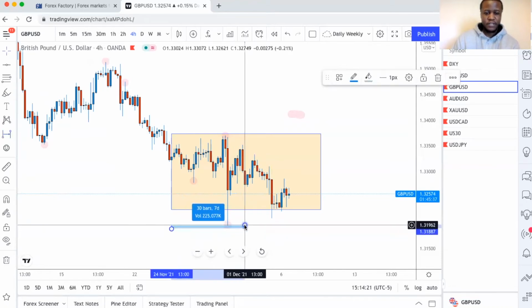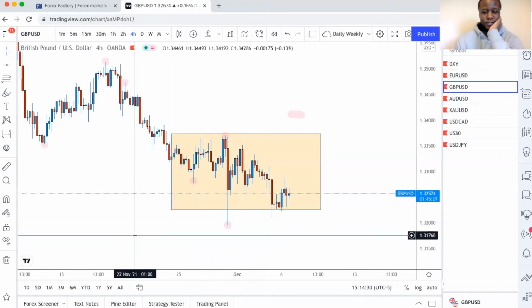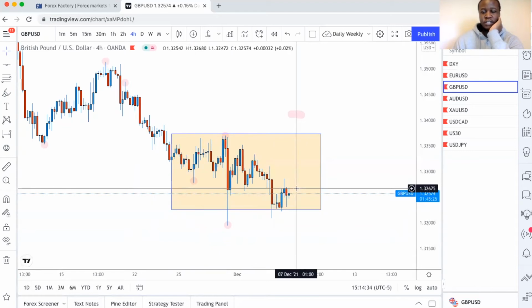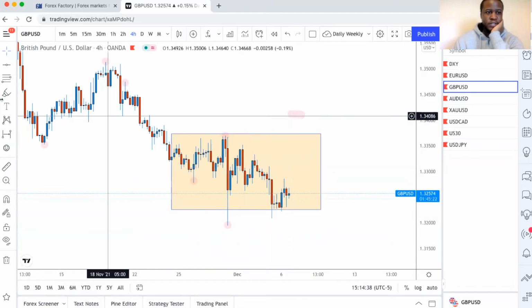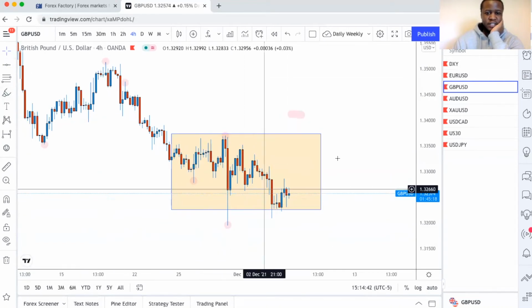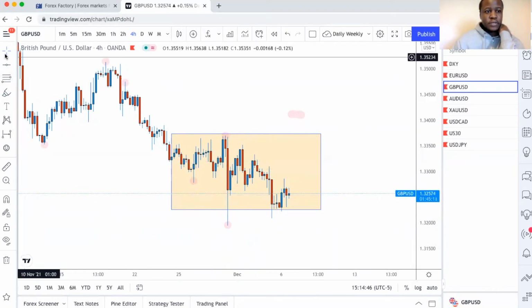So what you could do is go down to a lower time frame and just look to take out highs and take out lows once it's in consolidation like this. I wouldn't look for long term moves. So let me show you what I mean. So this is still consolidation. So I wouldn't trade this on a higher time frame, but I'll go down to a smaller time frame and just look for, I'll say, scalps.